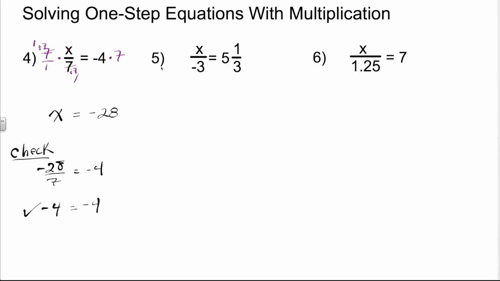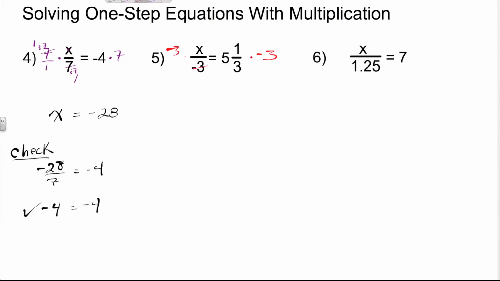In problem number 5, x divided by negative 3 is equal to 5 1/3. The only real difference between problems 4 and 5 is the fact that on the right-hand side we have a mixed number, not an integer. To solve this problem, on the left-hand side, x, the variable, is being divided by negative 3. So we'll multiply each side by negative 3. The negative 3's on the left-hand side divide out.